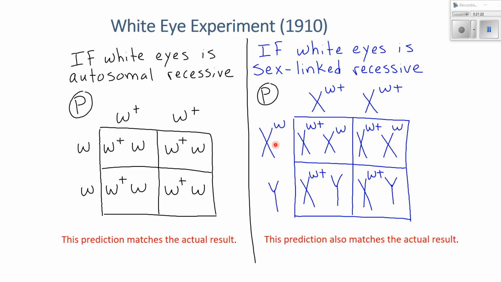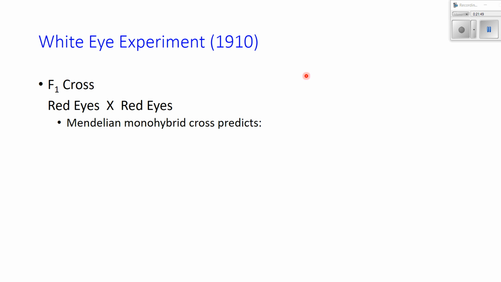So here's a male crossed with homozygous red-eyed female, but you would get the same result, right? This is going to give me nothing but red-eyed offspring. So it's impossible to tell at this point, just by looking at the F1 results, if white eyes is an autosomal trait or a sex-linked trait.